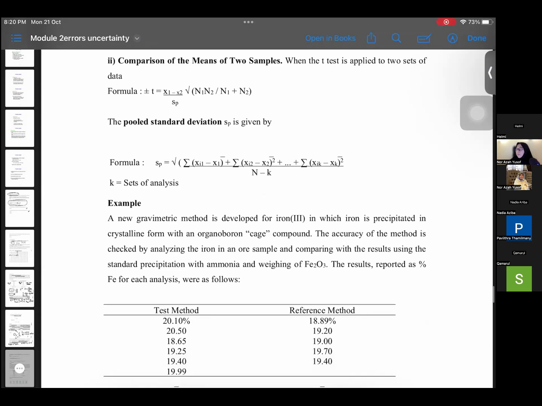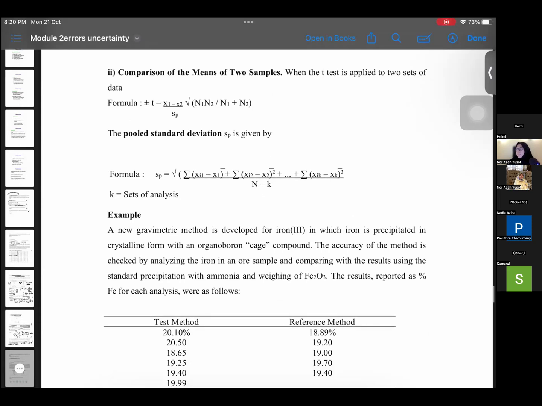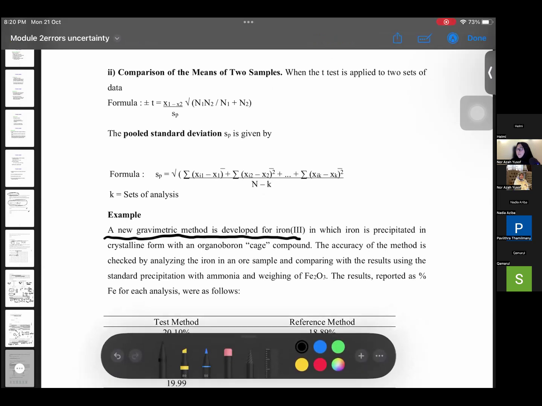If you look at the second t-test example, a new gravimetric method is developed for iron 3. And this is the description of the method. The accuracy of the method is checked by analyzing the iron in an ore sample and comparing with the results using standard precipitation. So this is the standard method.